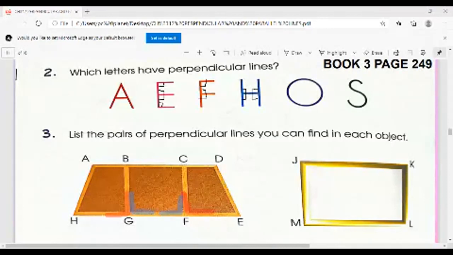So there is a perpendicular line here, and over here we have a perpendicular line, and if you look at the opposite, we have a perpendicular line over here as well. We have four perpendicular lines in this square.